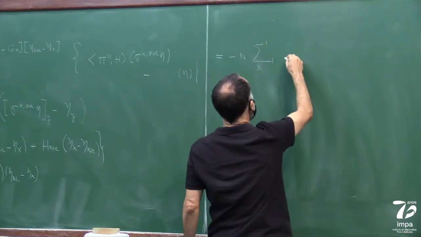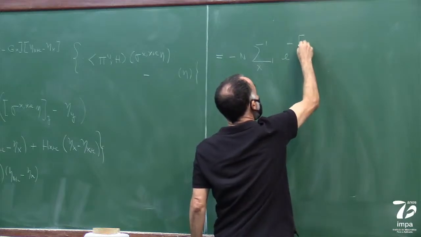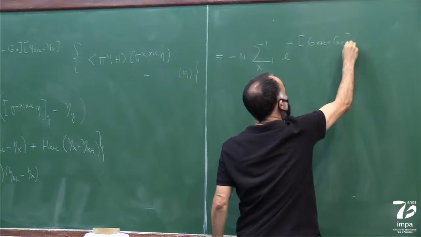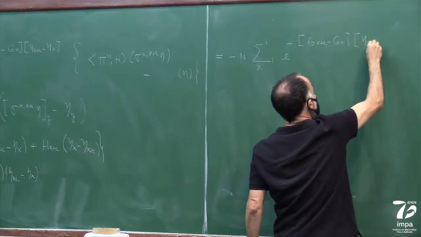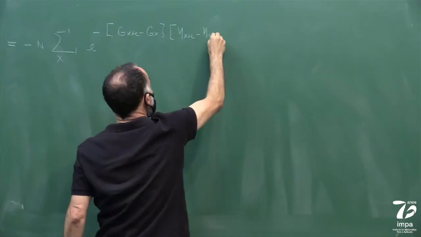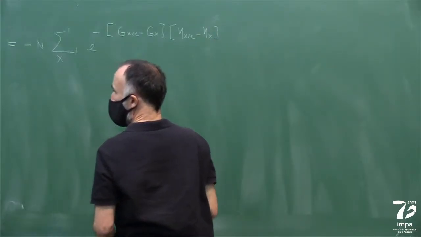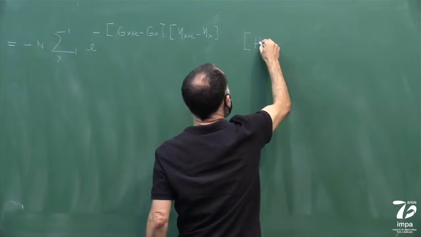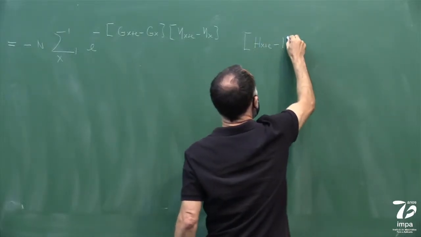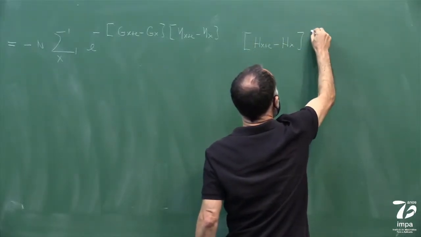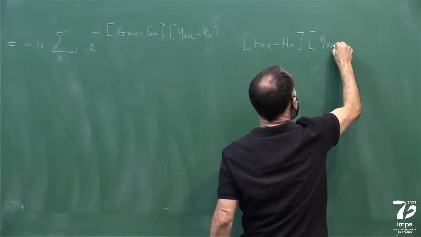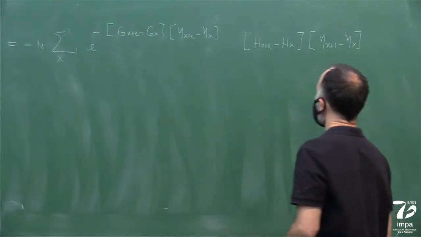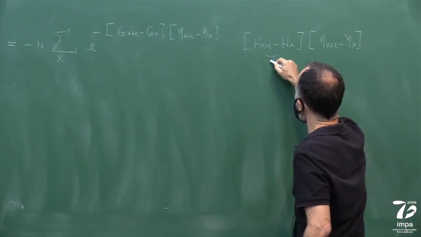And now we have exponential minus gx plus e minus gx, eta x plus e minus eta x, times this expression, which is hx plus e minus hx, eta x plus e minus eta x. Right? So this is a term of order 1 over n.